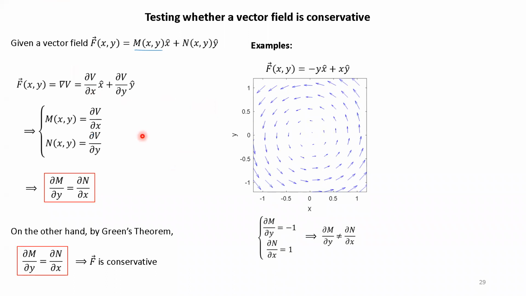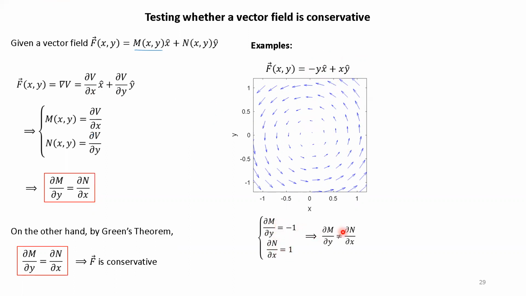So here is an example. Again taking this very simple vector field, this is my M, this is my N. All I need to do is take this component, do the derivative with respect to y, and take this component, do the derivative with respect to x, to see if they are equal to each other. No, they are not.